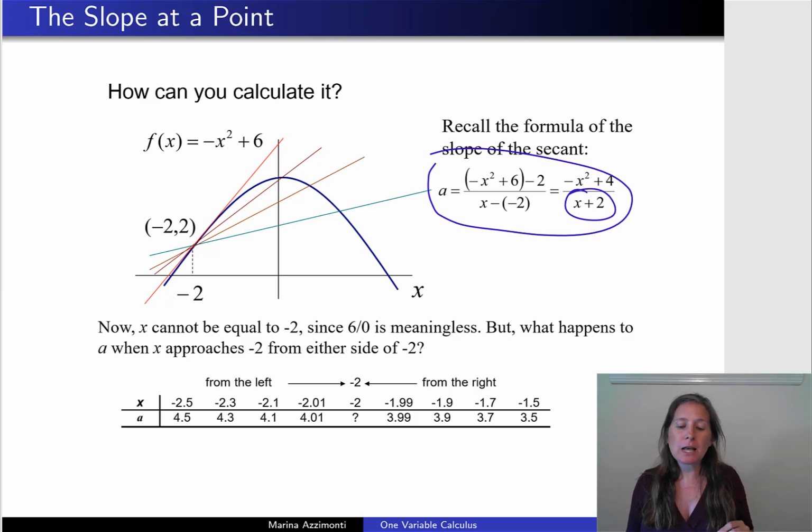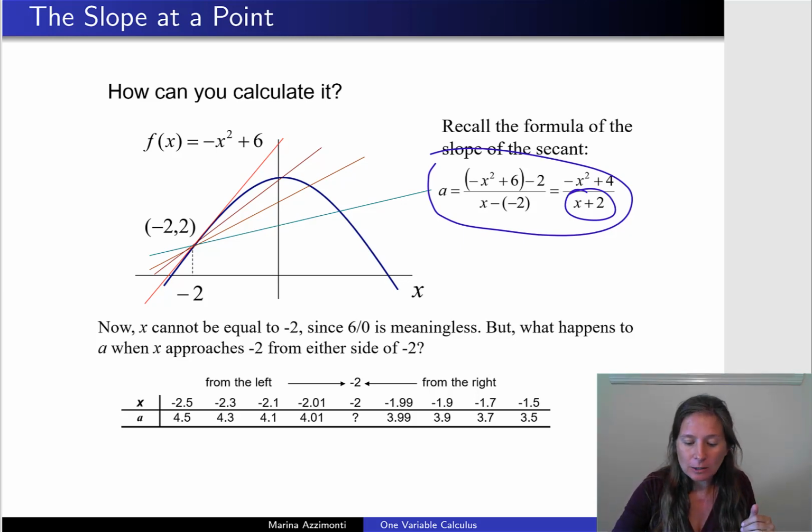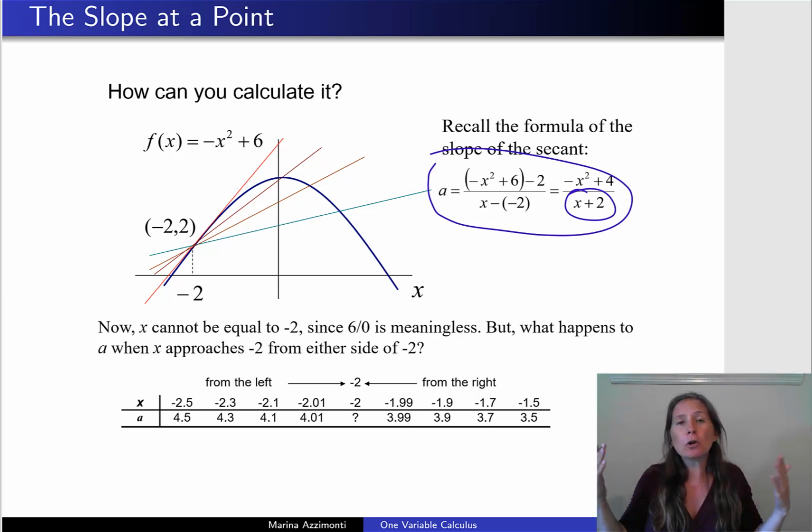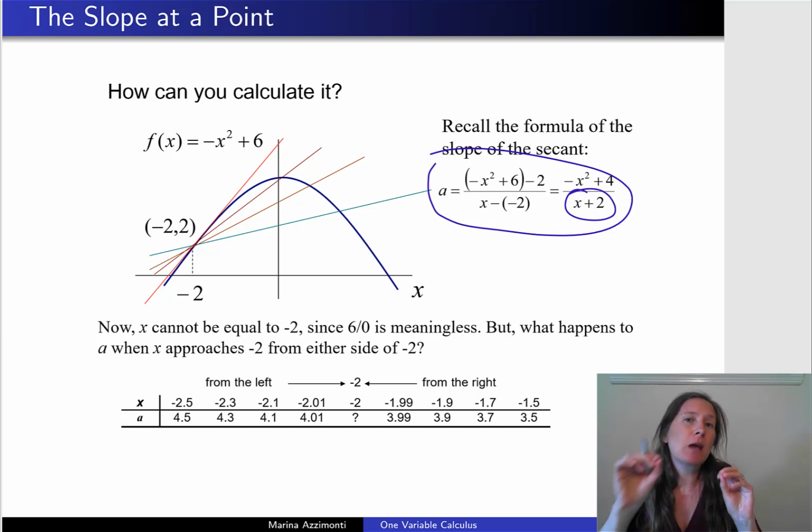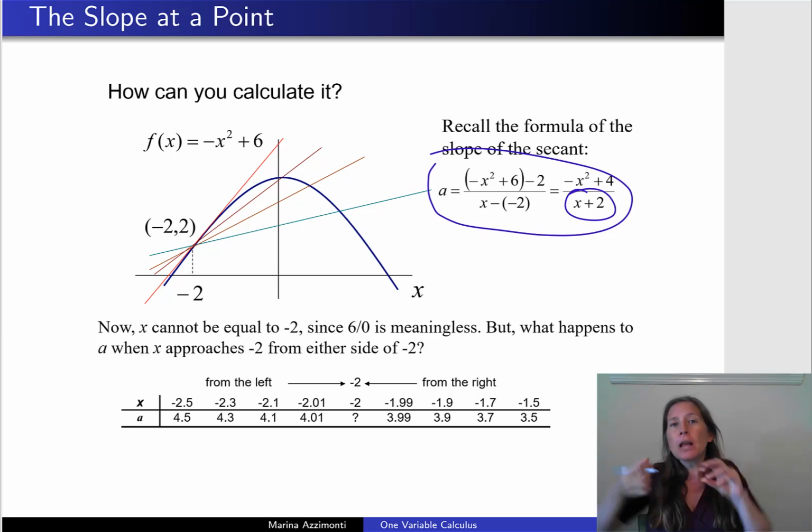But what can we do instead? Well, we can compute the formula of the secant for any two arbitrary numbers, and then start making the difference between the x's at which we compute it smaller and smaller. In other words, we are going to compute it for an arbitrary point and a point that is epsilon away from the initial point, and we are going to make that epsilon go to 0.